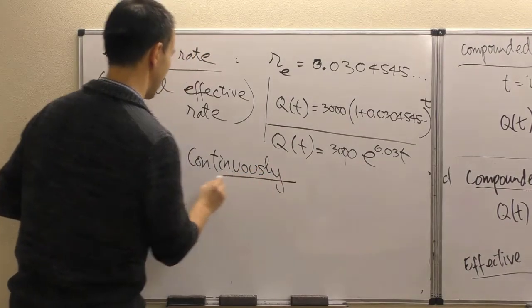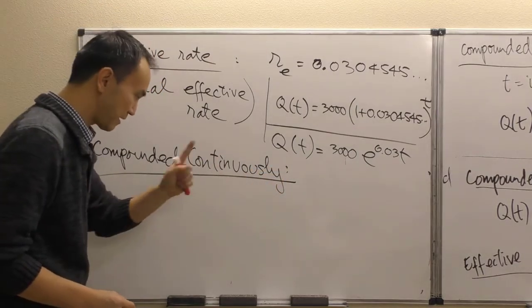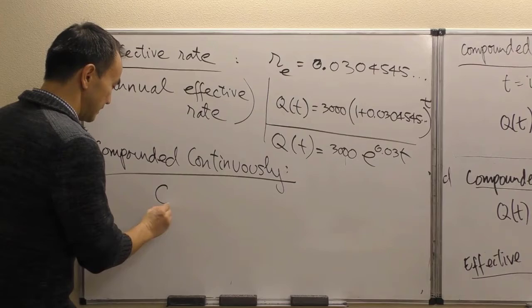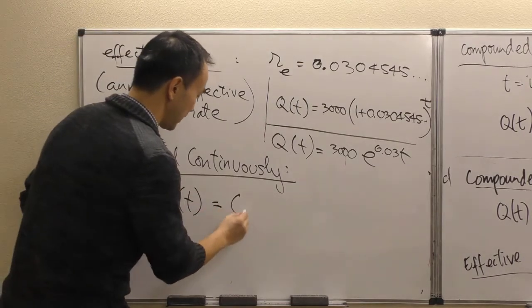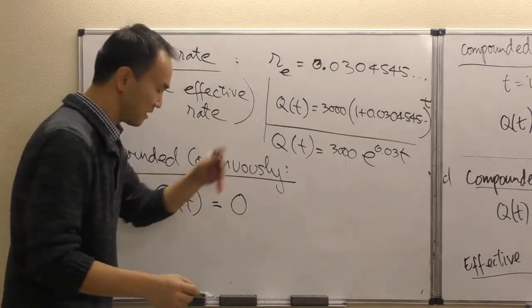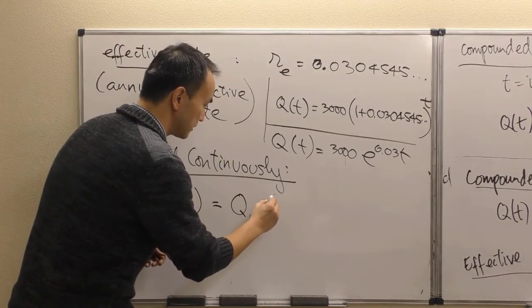All right, so now when our money is compounding continuously, then the money at any time, at any month, is Q of 0 times e to the kt.